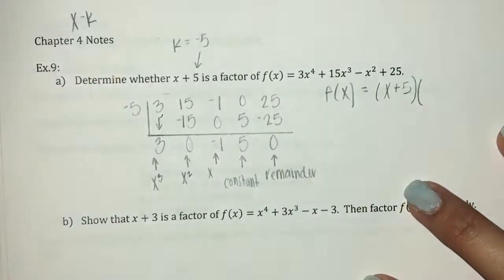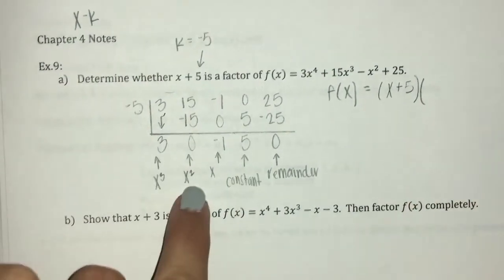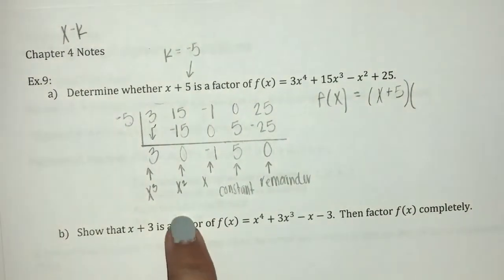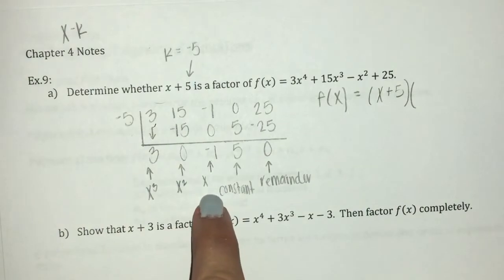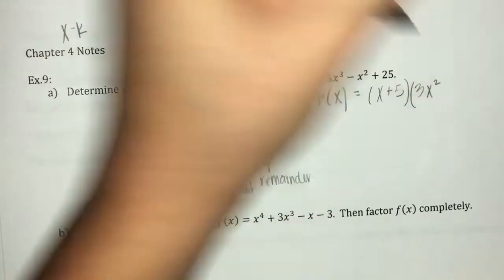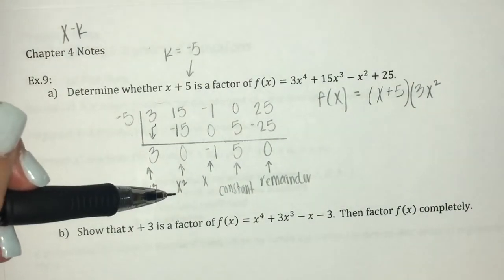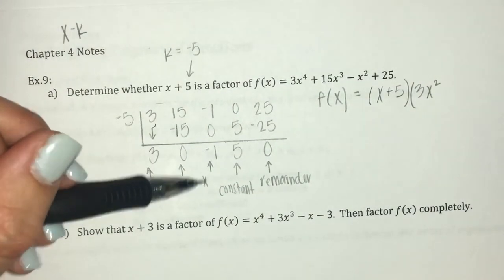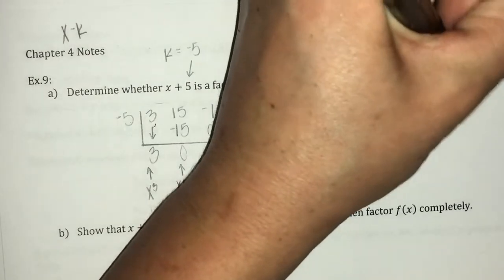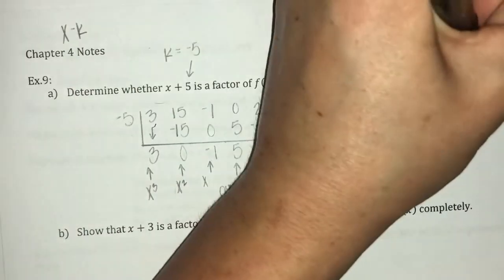So it's x plus 5 times 3x cubed, and the 0x squared we don't need to write because it's just a placeholder, then negative 1 times x, so just minus x, and then plus 5.